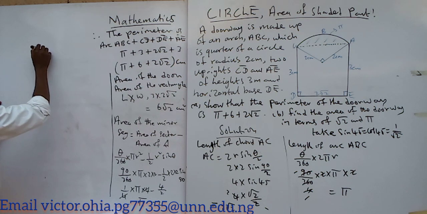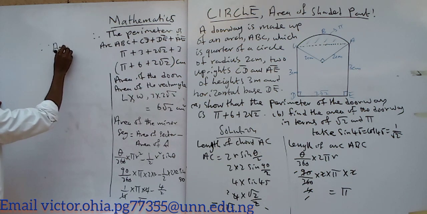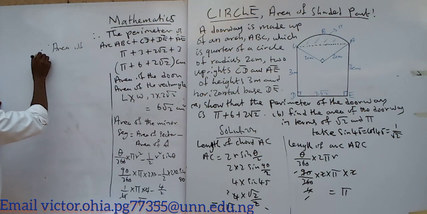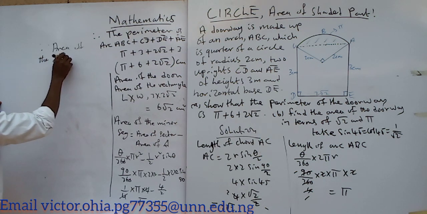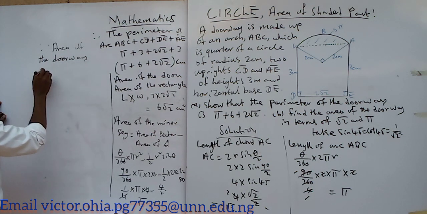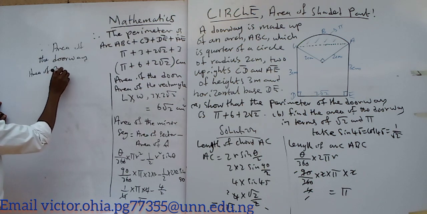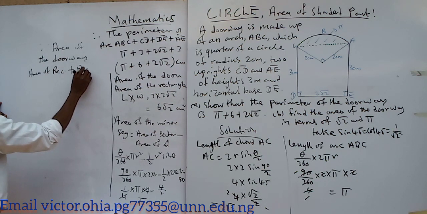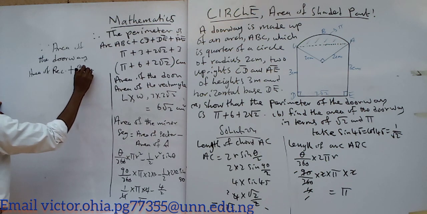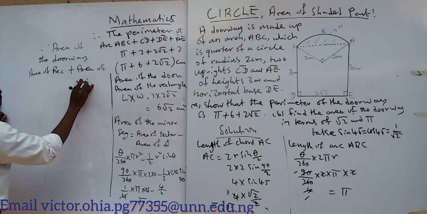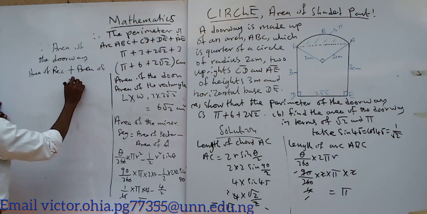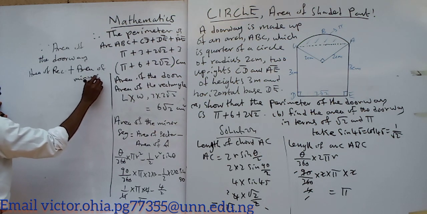So we can now summarize and say the area of the doorway will now be the area of the rectangle plus the area of the minor segment.